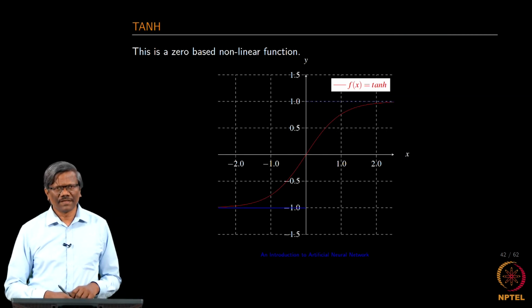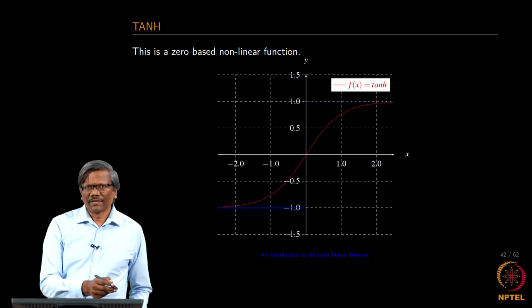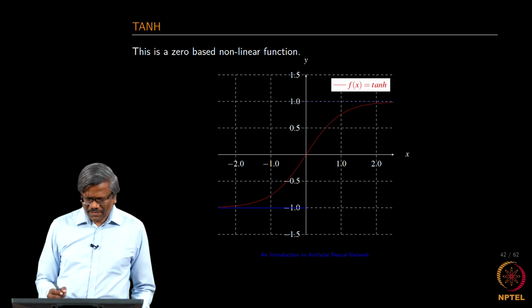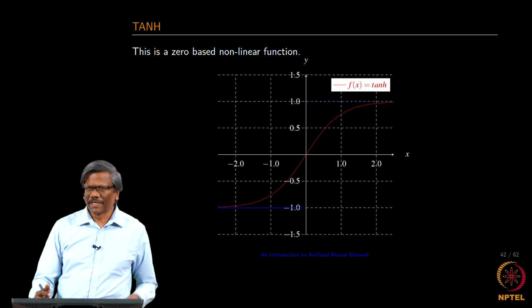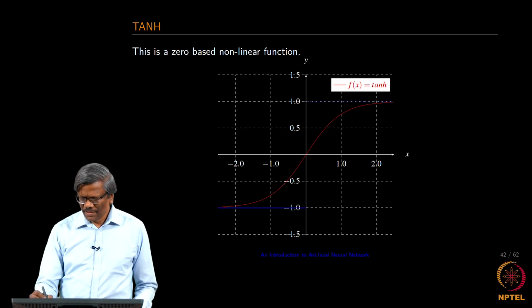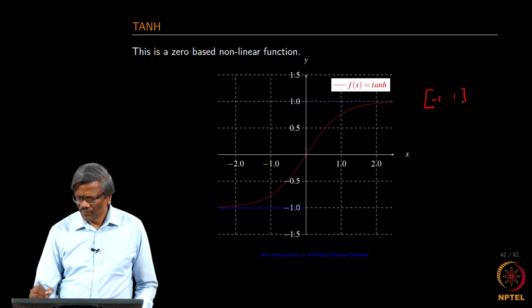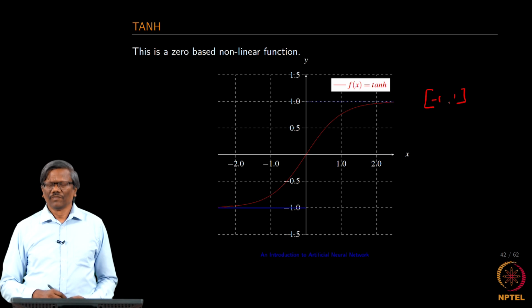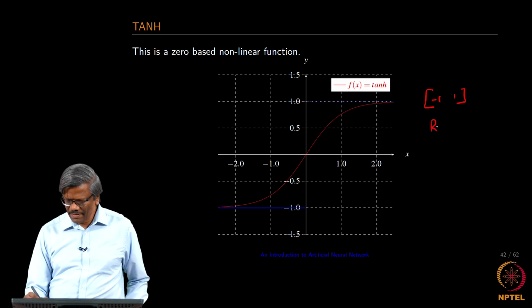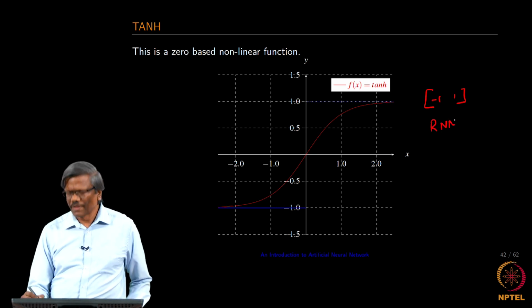Then the second one is a hyperbolic tangent. So, this is again very similar to the sigmoid, but the only difference that you notice here is the range is between -1 and +1. So, you will see this in many recurrent neural network models.